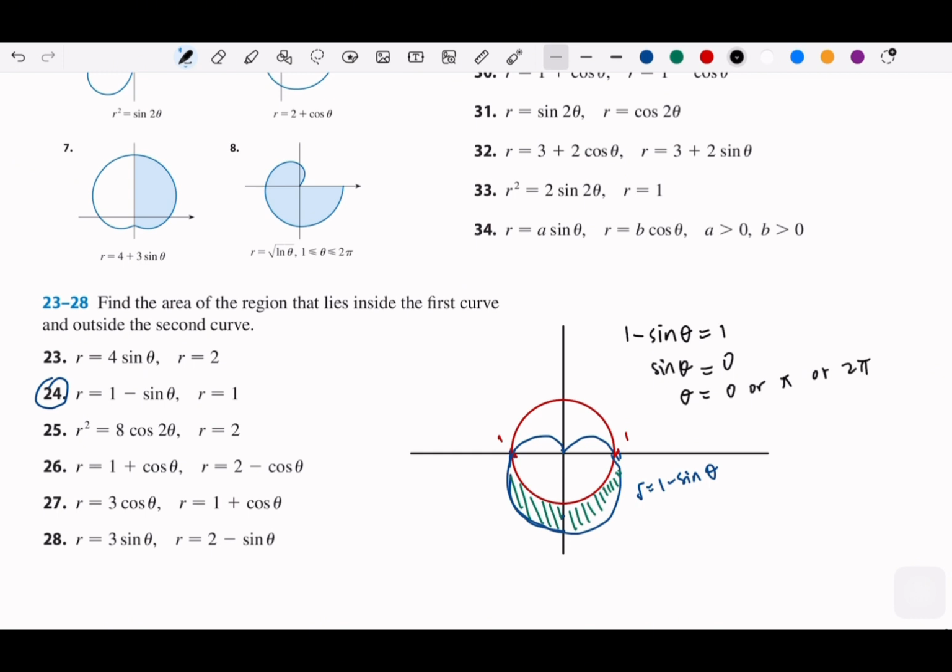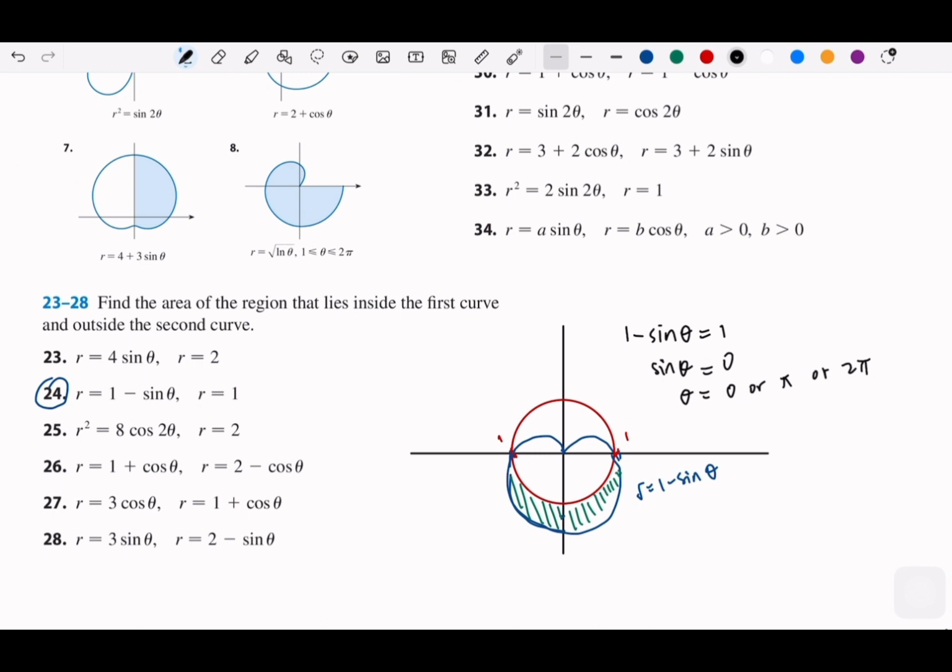Since we are going to deal with this region here, which is the third and fourth quadrant, we better use pi and 2 pi. If you use 0, maybe it's a little bit confusing. How can it be 0 here, when this is the area that we want? So we should write from pi to 2 pi, so pi and 2 pi become our theta limits.